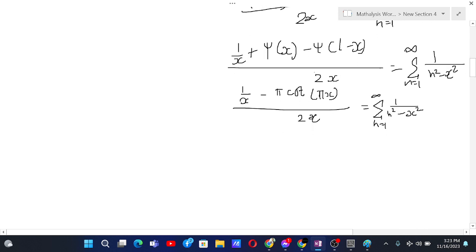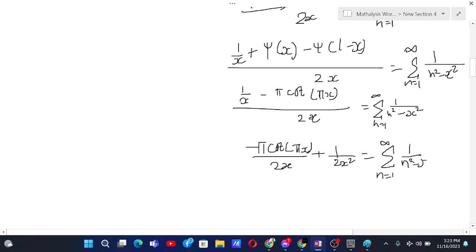After that we can distribute it to both the terms, and we get minus pi cot pi x by 2x plus 1 by 2x square equals this sum. Now all the sums will be quite easier since we know this one.